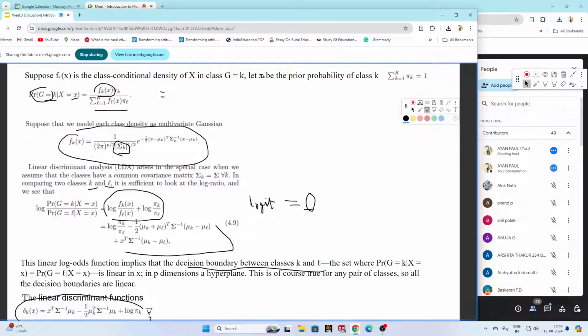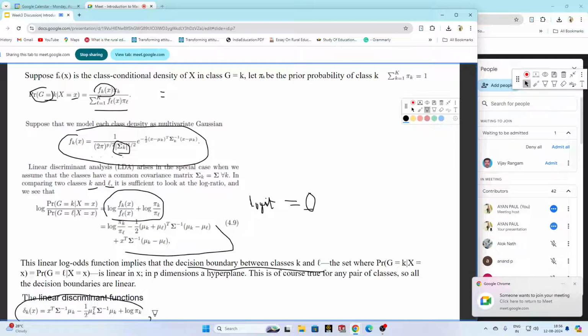Pi k is related to your sample size of k. So this is known as the discriminant with respect to the k class. For the discriminant with respect to the l class, you have to interchange k with l. So this is some equation about your LDA. Okay, is this clear?